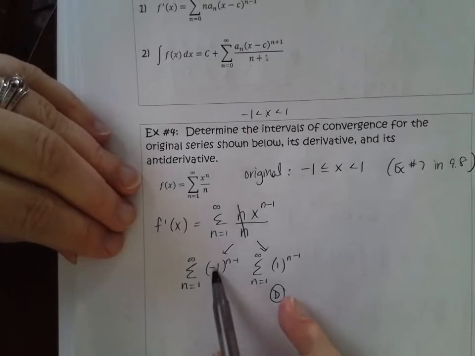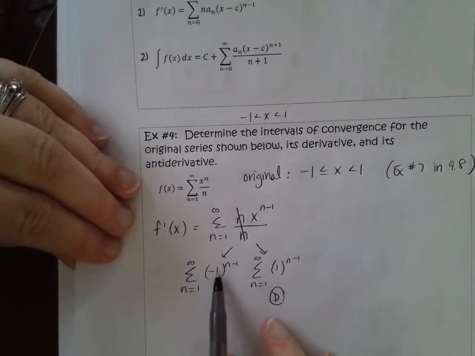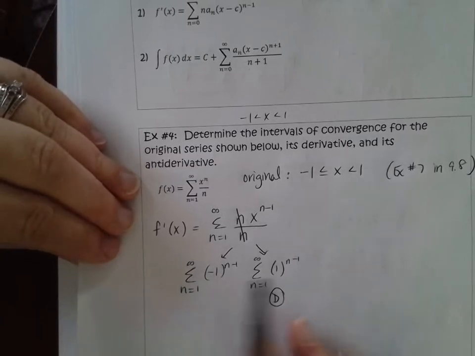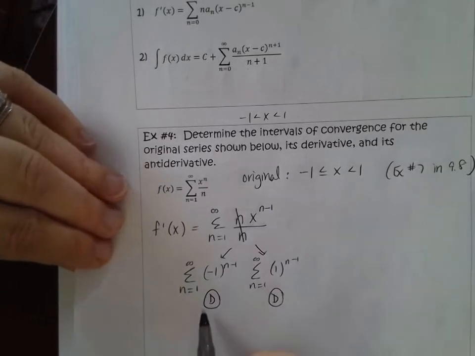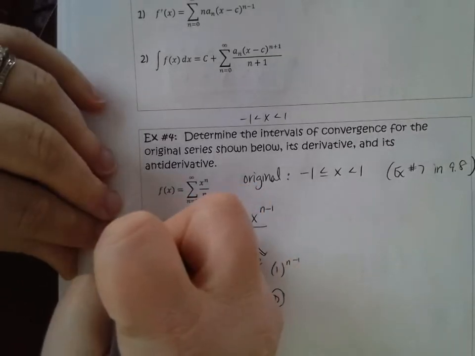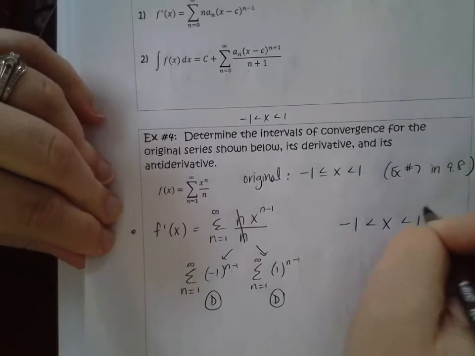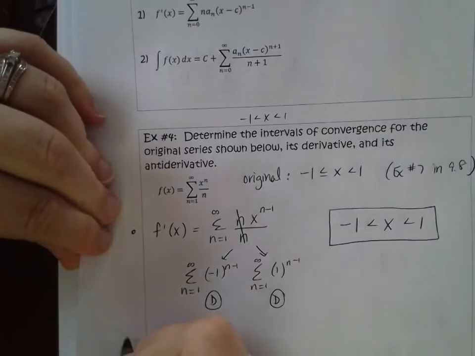So this is divergent, but for a different reason. This is an alternating series, and the limit is not 0. The limit is either -1 or +1. It's not going to give us one finite number. So my interval of convergence for the derivative is -1 to 1 with no endpoint convergence.